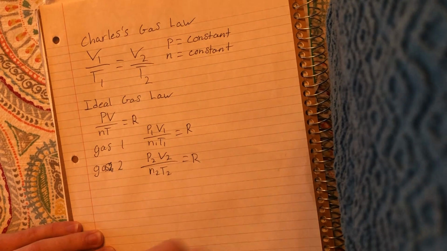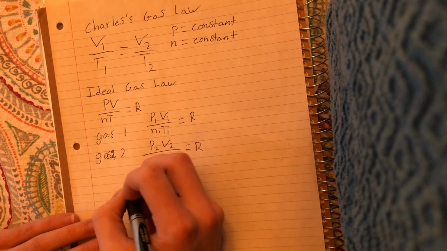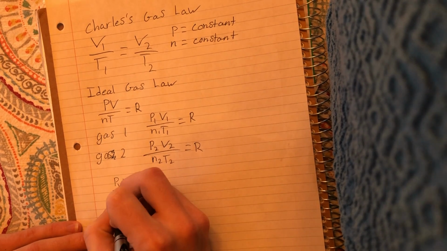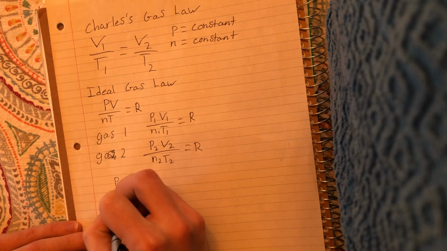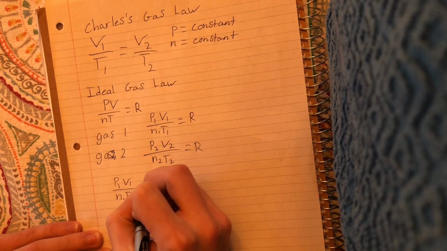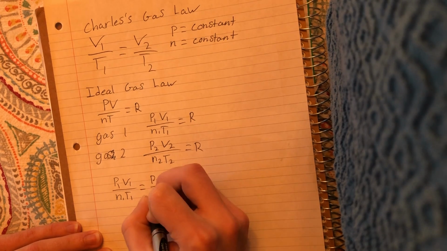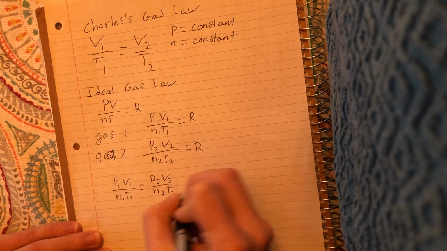And because R is equal to R, we can combine those equations to get this: P1 times V1 divided by N1 times T1 equals P2 times V2 divided by N2 times T2.